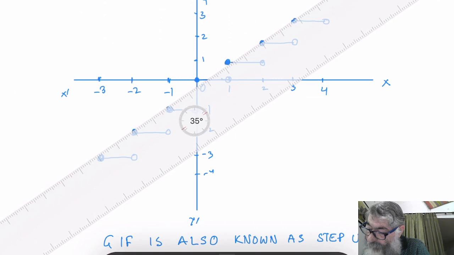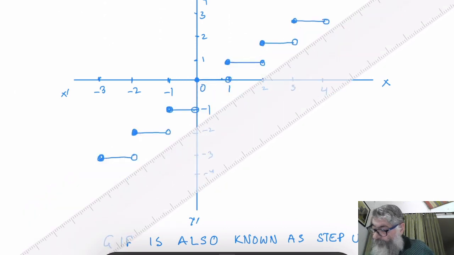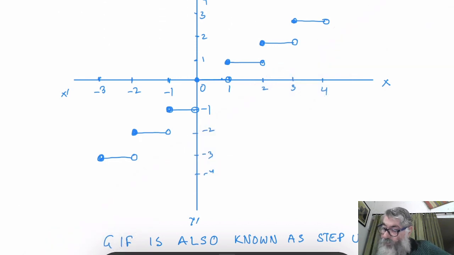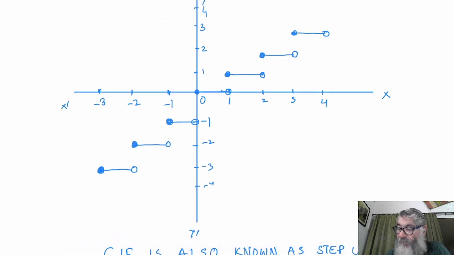Otherwise, it should be passing through here also and joining everywhere correctly. Correctly speaking, all these points which are dark, if they are joined, they'll form a straight line. So what you notice is that this is called the step-up function.